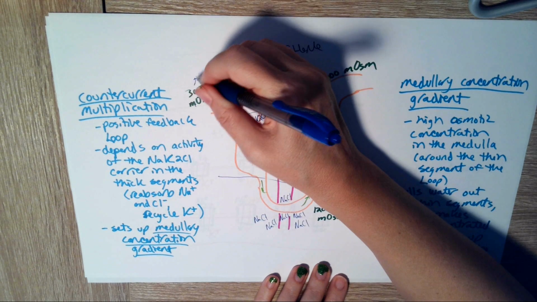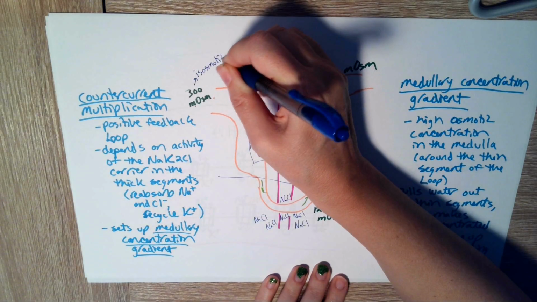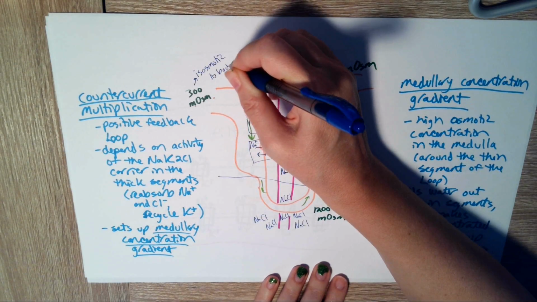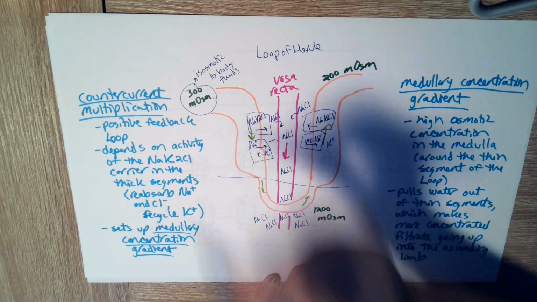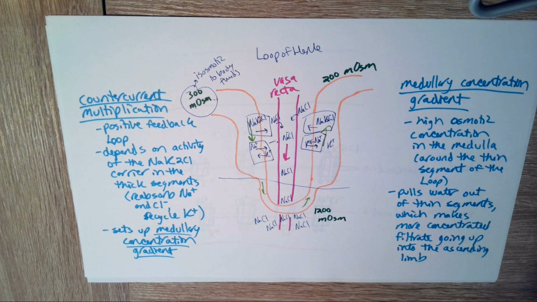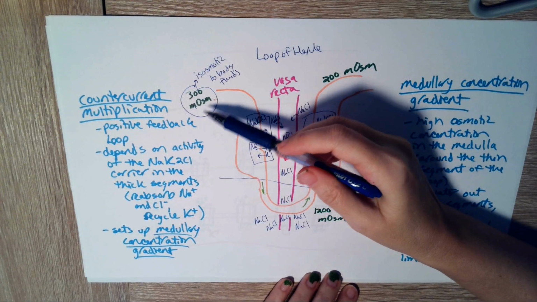This number is isoosmotic to your body fluids, meaning that your body fluids are in general about 300 milliosmoles. That, of course, varies person to person, from hour to hour, but that is about your typical osmolarity there.